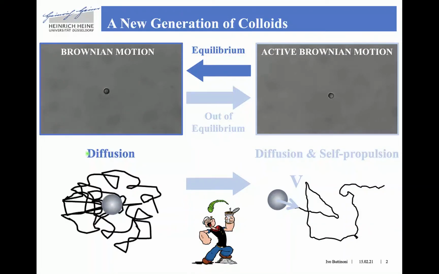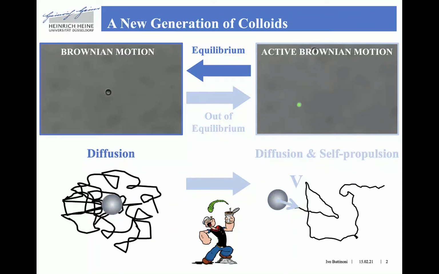engineer a new generation of colloids known as active particles or artificial microswimmers, which, in contrast to classical Brownian particles which only jiggle around in the fluid due to thermal fluctuation, are able to take up energy from the environment and convert it into a net displacement.